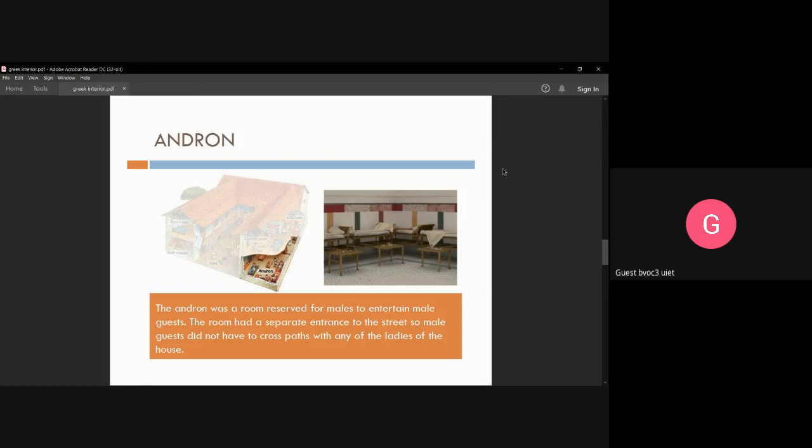So basically, the male area and the female area were separated, and they made sure there was no connection or conversation between them, so they have a separate male and female area.